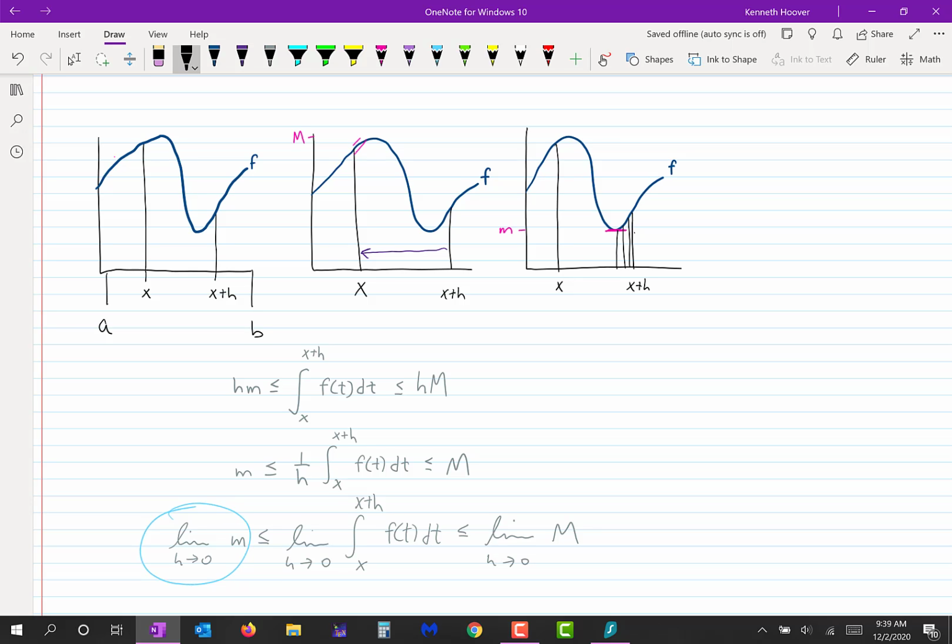But then, as that line continues to slide to the left, look, little m is going to be forced to change. Little m is the minimum. So as that line moves over, the minimum value is going to change.